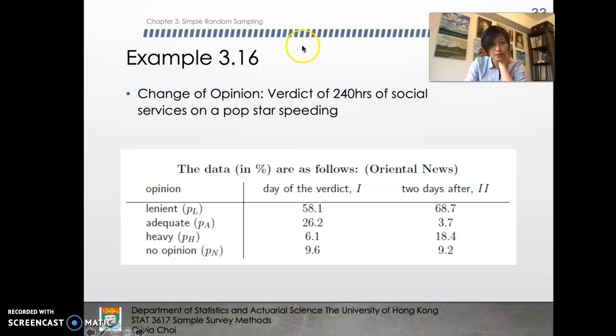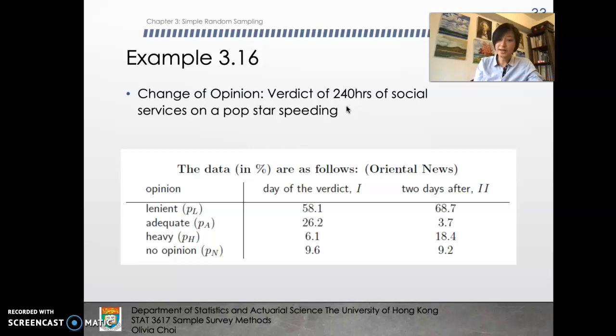All right, this example, change of opinion, verdict of 240 hours of social service on the pop star speeding. That happened in 2010. If you're too young to remember, there was a pop star who drove a speeding car on Garden Road, and he was stopped by police, but he quickly swapped the seat with the passenger.